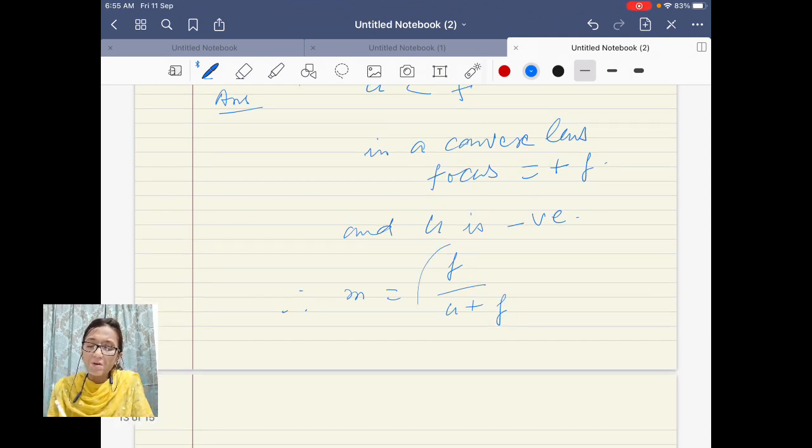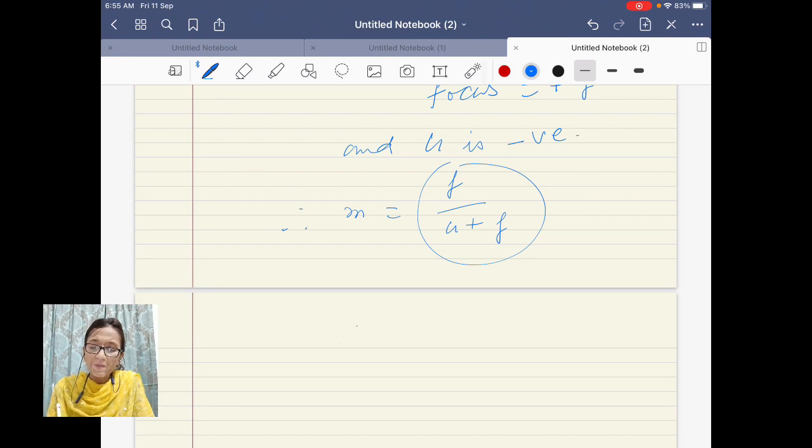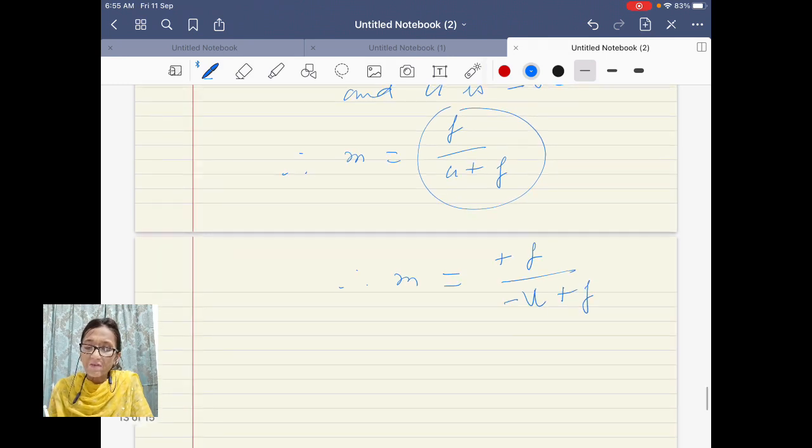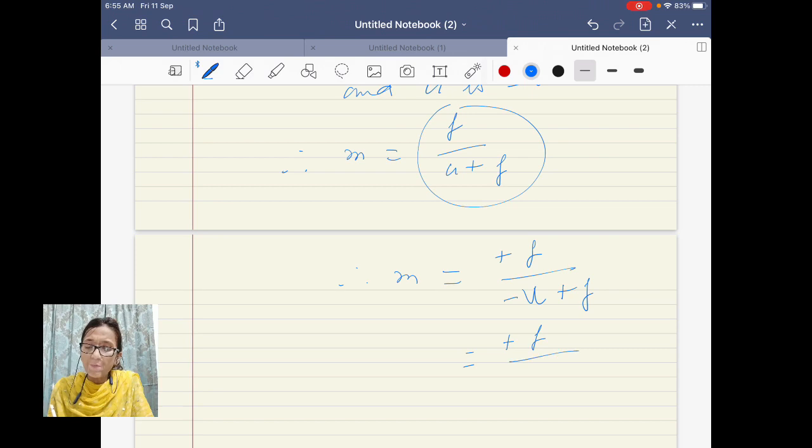Here let me put all these values with sign. Therefore magnification is positive f divided by negative u, positive f. So this comes a positive number, a positive number smaller than f, because this quantity has been deducted from f.